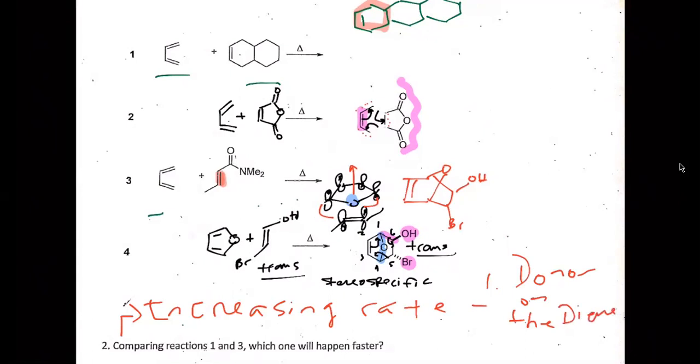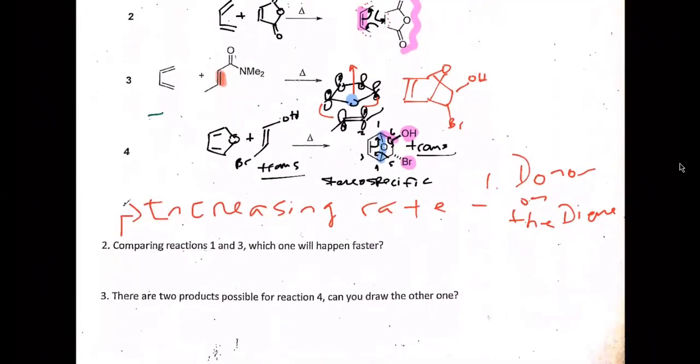That's one way to make the diene more electron rich. Or, since you're working out of the HOMO, you can put an acceptor on the dienophile. So a donor, or an electron donor, on the diene or an electron acceptor on the dienophile. That's how you increase the rate of a Diels-Alder, a 4+2.